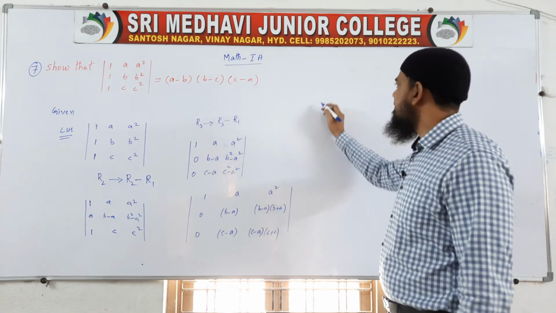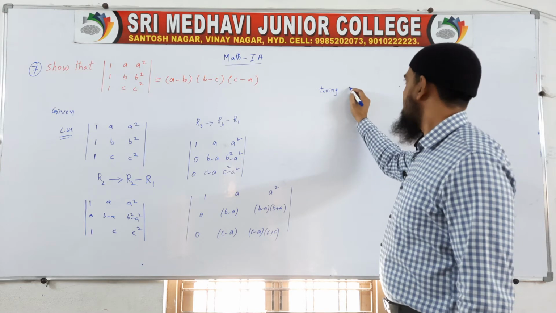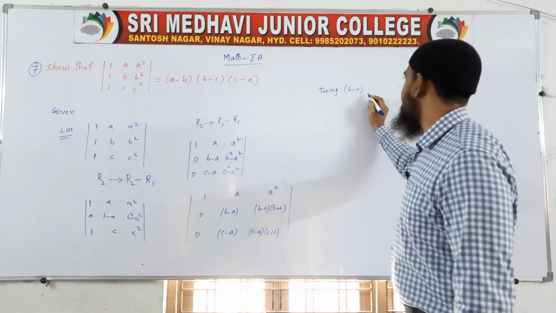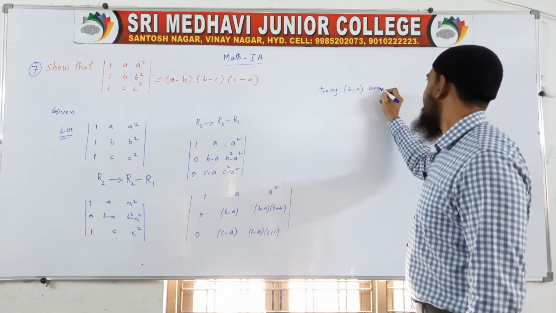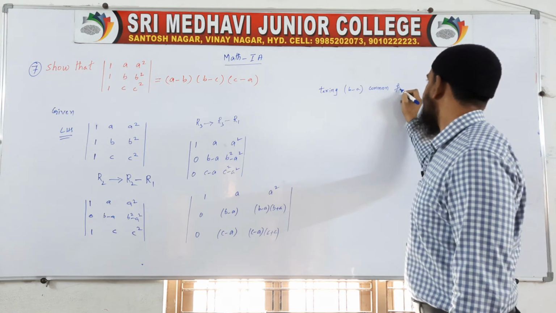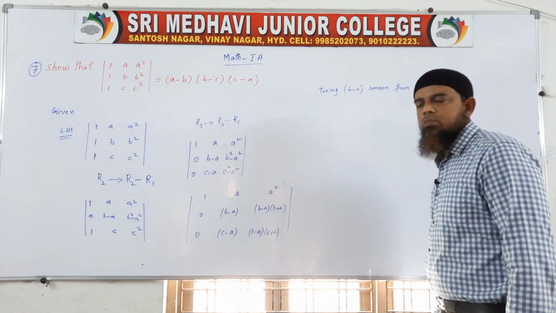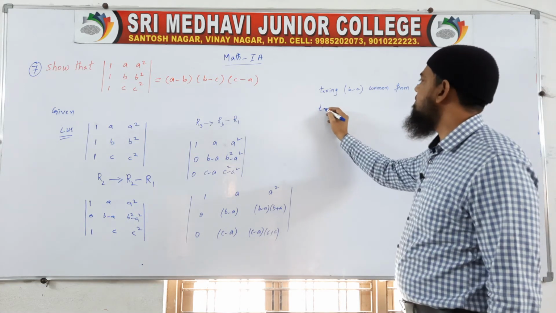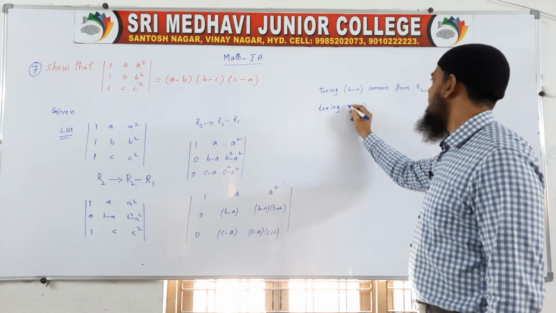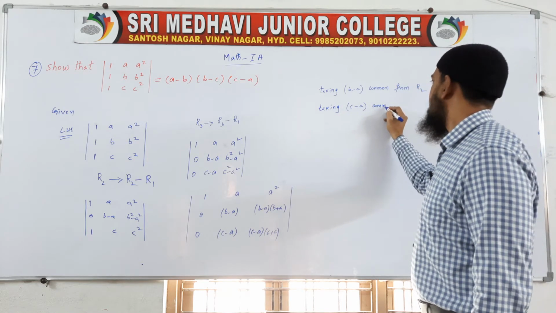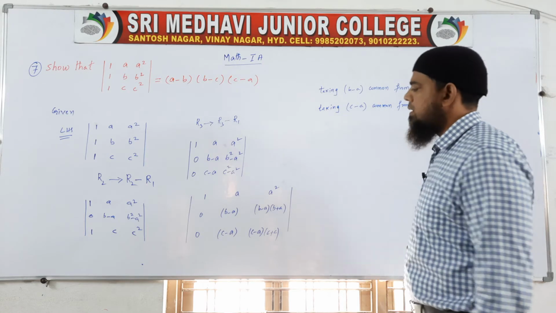Now I am writing, taking B minus A common from R2. Second thing, taking C minus A common from R3.